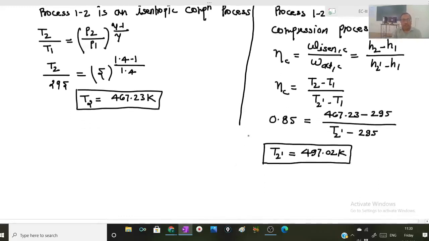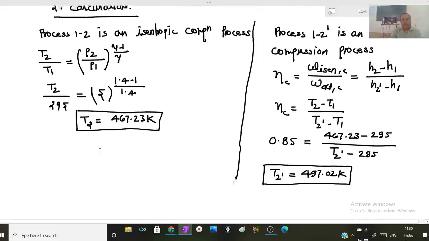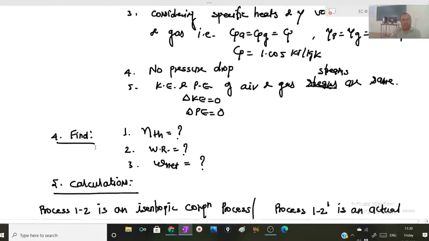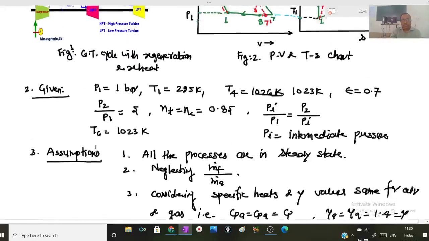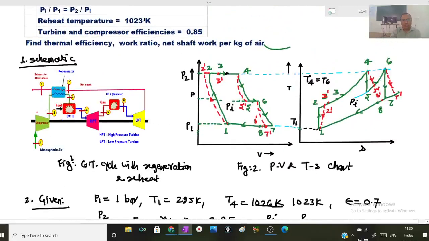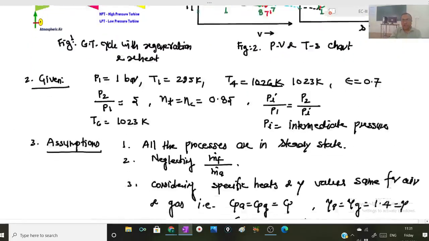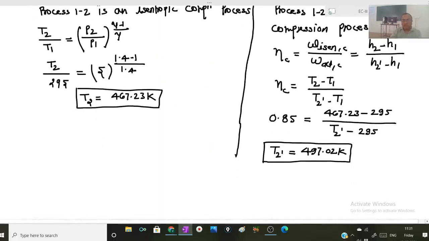So this way I can calculate T2 and T2 dash. Now somewhere in the problem we need to calculate W net also. So for that I have to calculate this compressor work input. So let us calculate the compressor work.